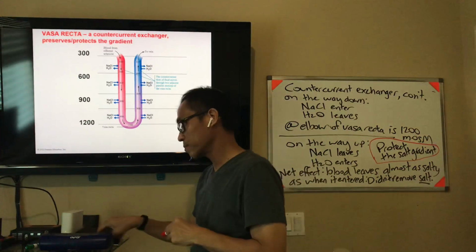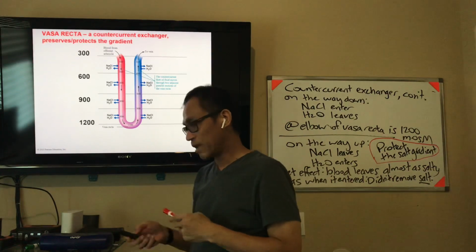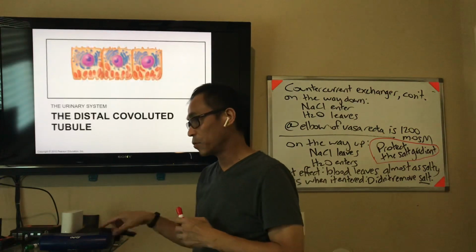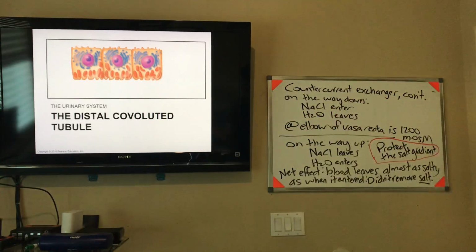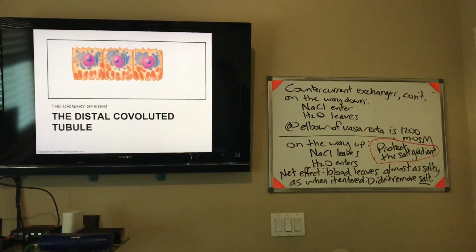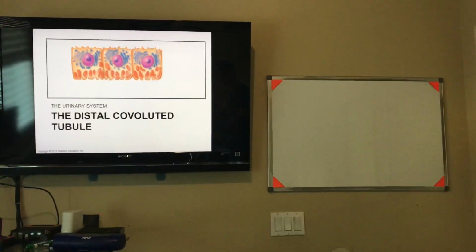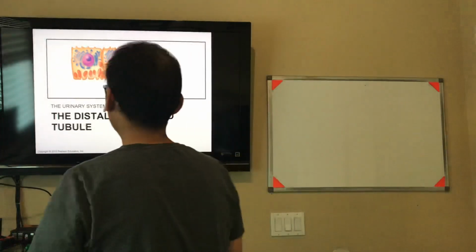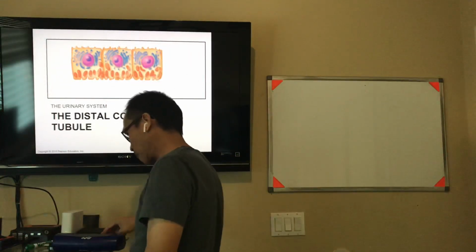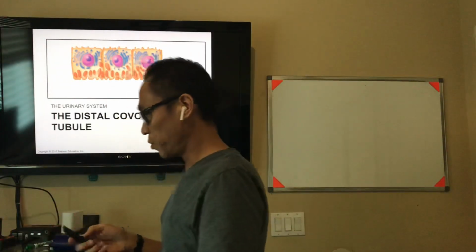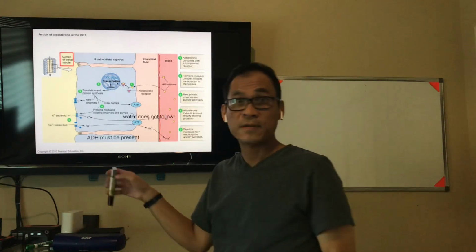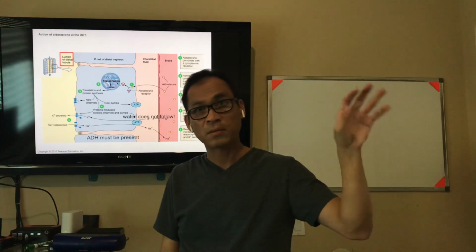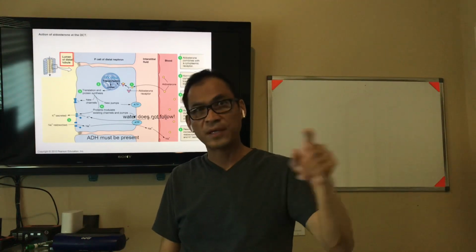And let's move on. So after the loop of Henle, the next part is the distal convoluted tubule. So after loop of Henle, we come to the distal convoluted tubule, more simple cuboidal cells that line this distal tubule. And by the time we get this far into the nephron, we've gone through the renal corpuscle, PCT, loop of Henle, now we're at the DCT.